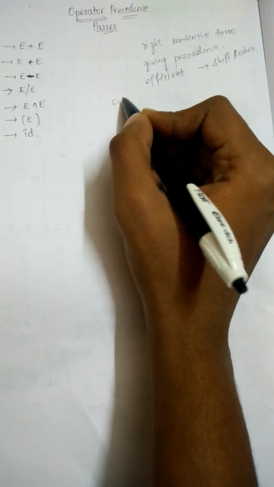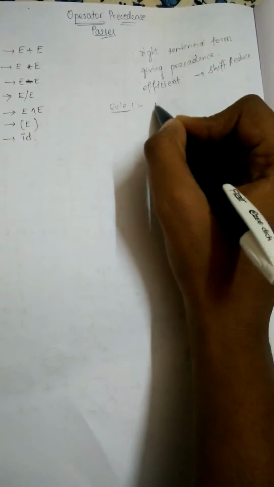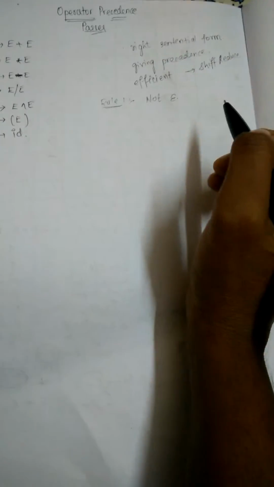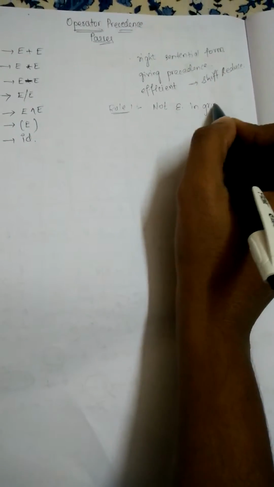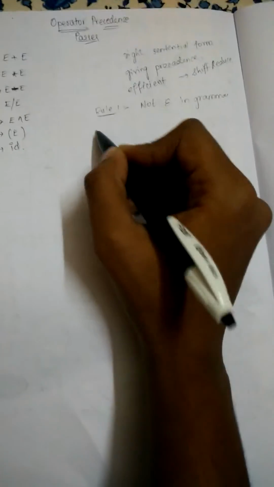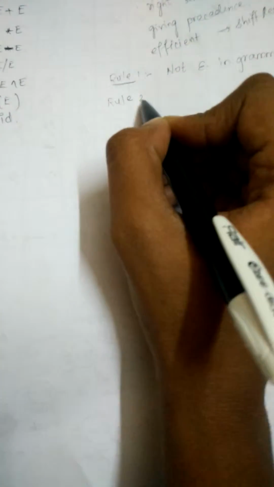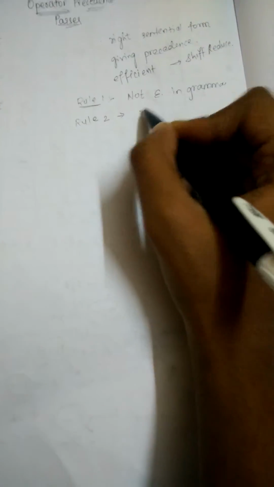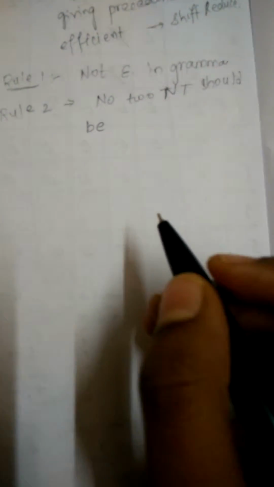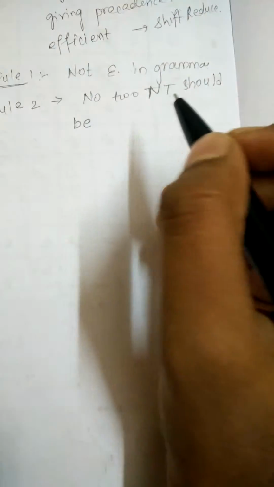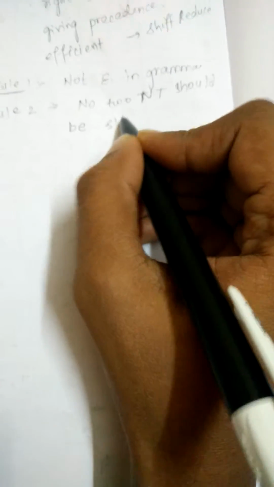Rule 1: no epsilon in the grammar, and rule 2: no two non-terminals should be side by side.